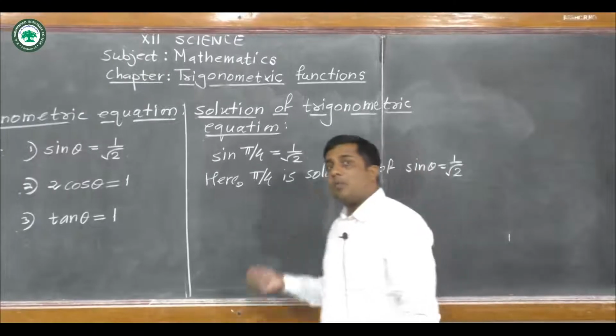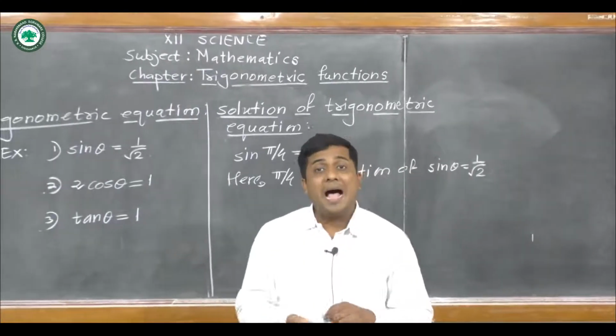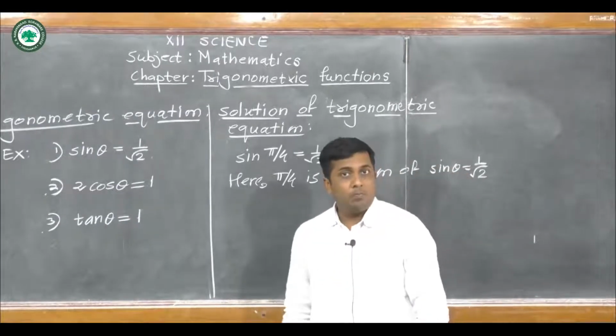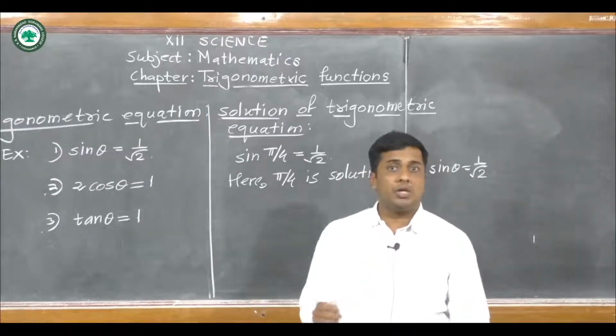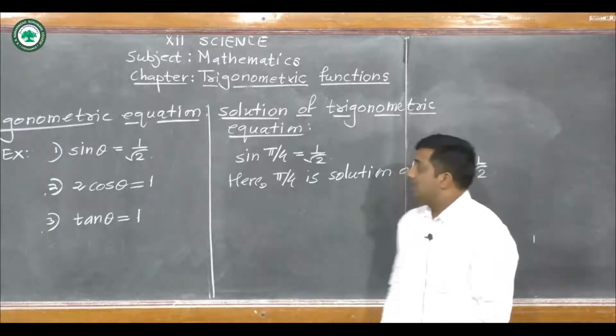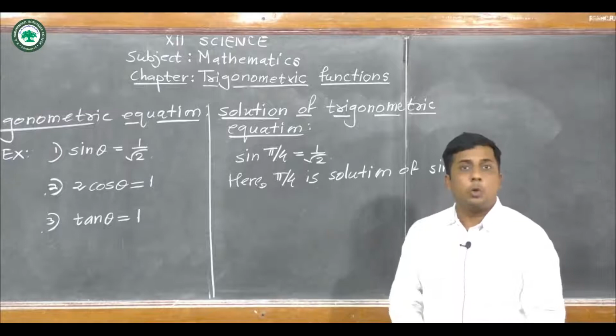This is one of the solutions. Remember, a trigonometric equation has more than one solution. Pi by 4 is one of the solutions.